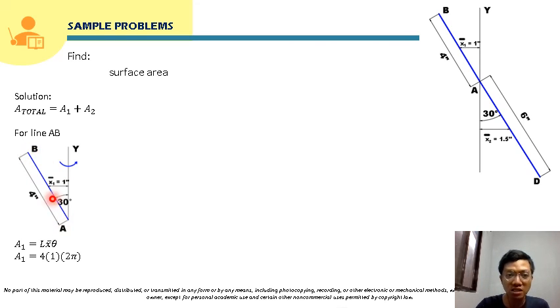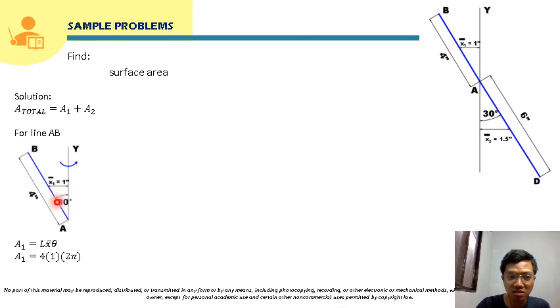The centroid is at the center of the 4 inches, which is 2 inches. So we are going to measure this horizontal distance, the x coordinate. This is not given here, but we have 30 degrees, this is inclined at 30 degrees, and this hypotenuse is 2 inches. So we can solve for this opposite side.